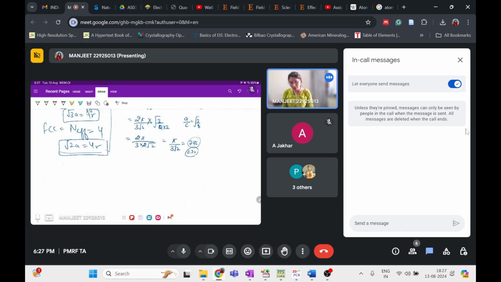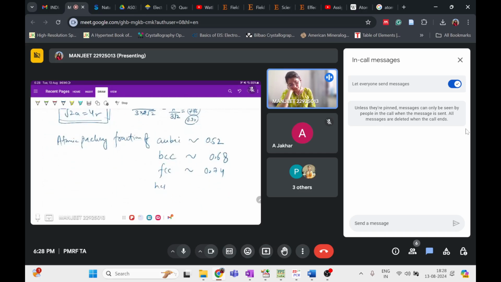And if you put these values, the atomic packing fraction for simple cubic will come out around 0.52, for BCC around 0.68, and for FCC around 0.74, and HCP has the same, 0.74.